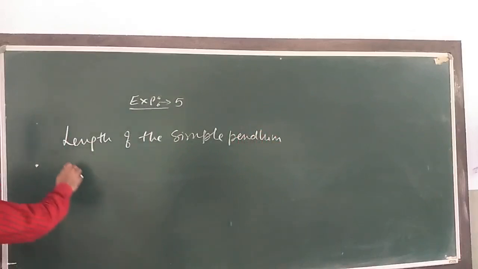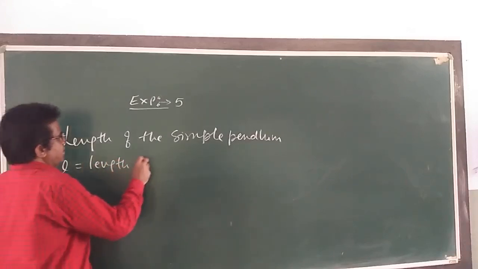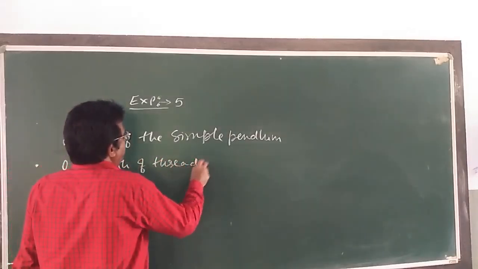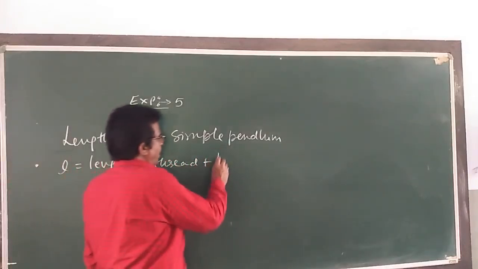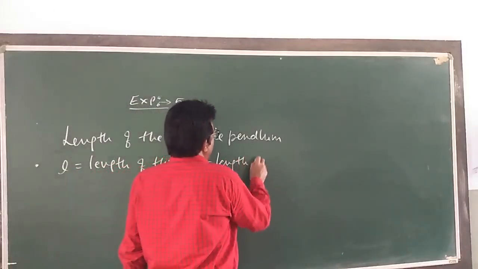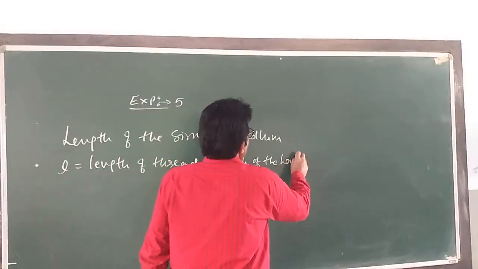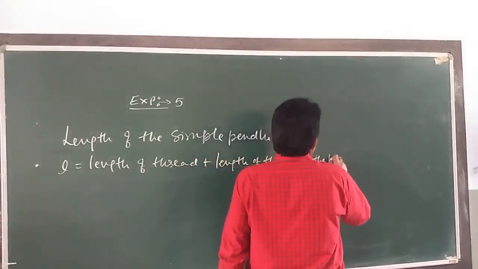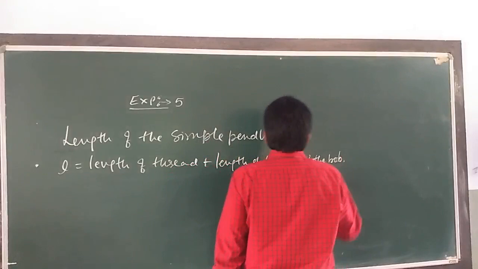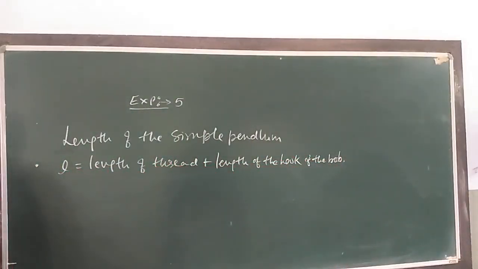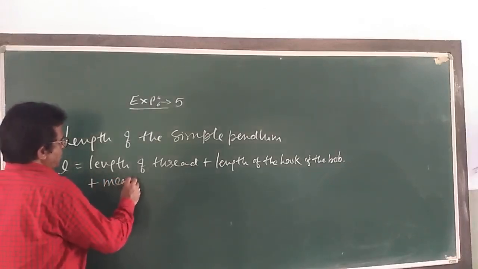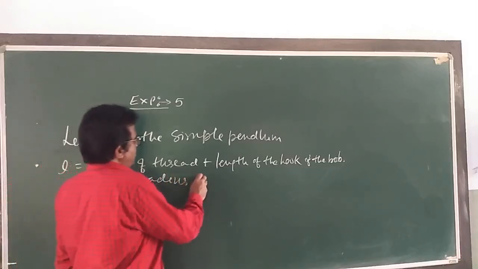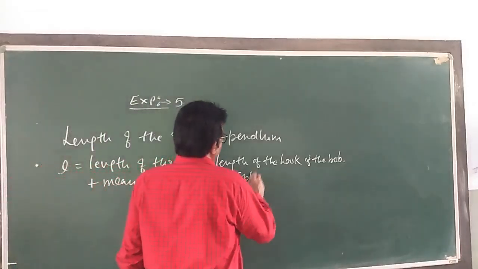The length of the simple pendulum is L equal to length of the thread plus length of the hook of the bob, and third, mean radius of the spherical bob.